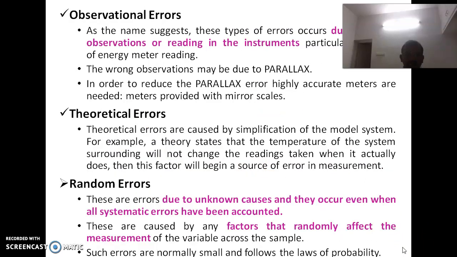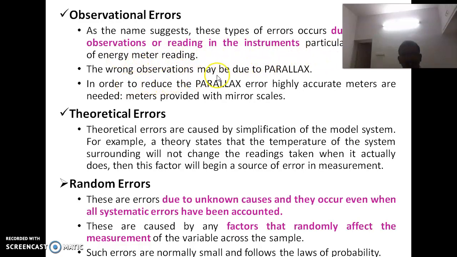error. And observational errors. This error may occur due to the operator's mistakes. One operator can take one reading and another operator can take another reading. So the readings may differ due to wrong observation, particularly in the case of energy meter reading.